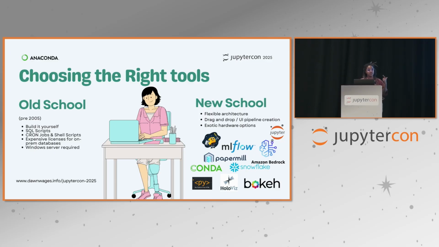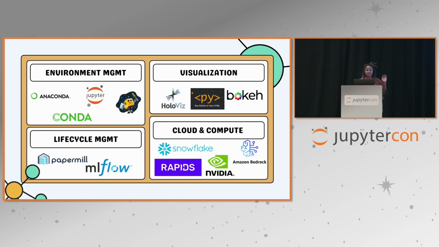So Pixi, uv, Poetry all aligned to that project-focused package manager experience. And then a lot of these really nice tools that are getting faster and faster are developed by tech companies like Netflix, Meta, and NVIDIA, or are supported by open source or open core companies like Anaconda.